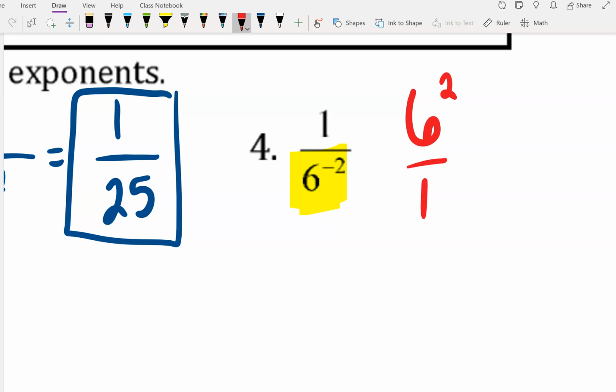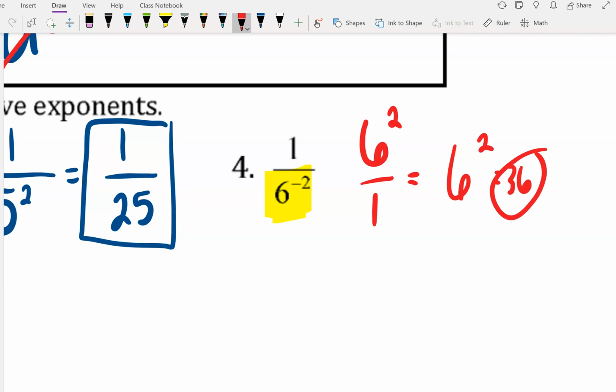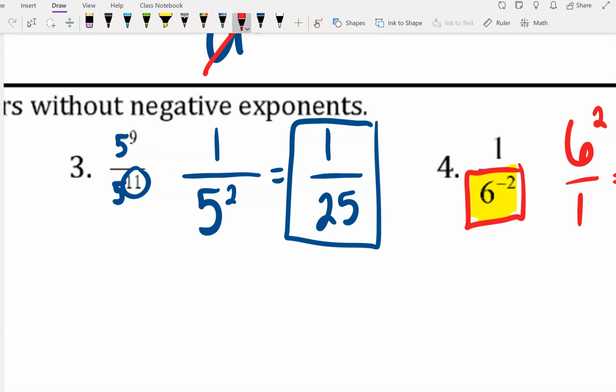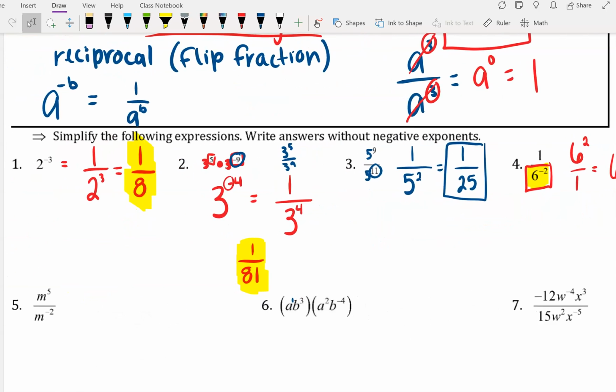I could put it over 1, but that's not really necessary. That just means the same thing as 6 squared, which is 36. So to get rid of a negative exponent, if it's on the bottom of a fraction, you flip it to the top. If it was not in a fraction, or really on the top of the fraction, you flip it to the bottom.